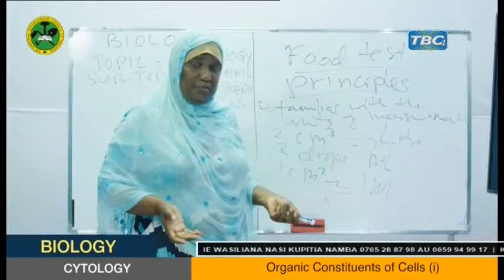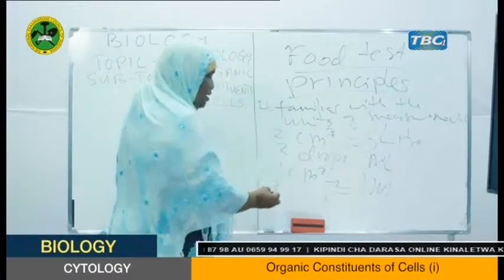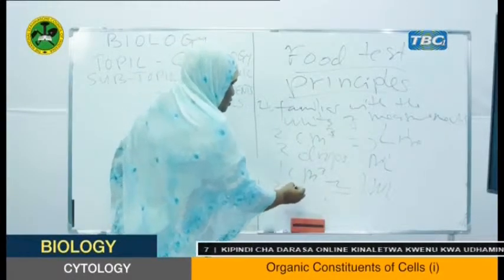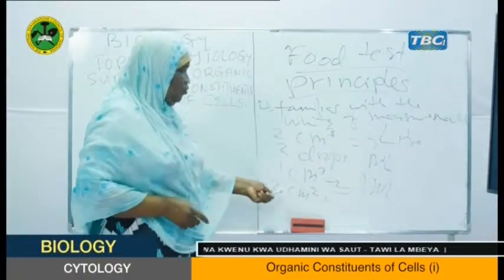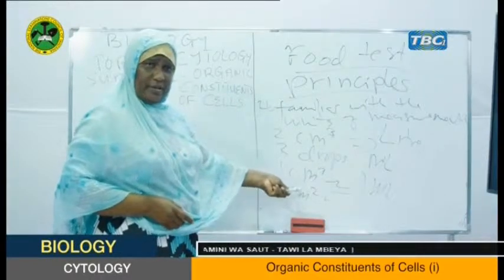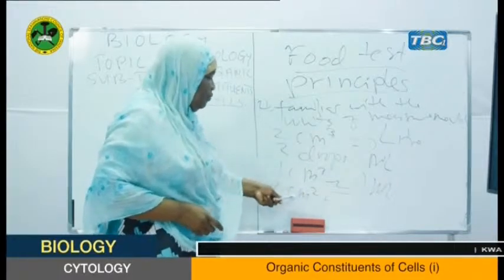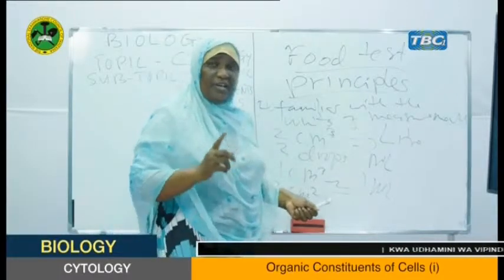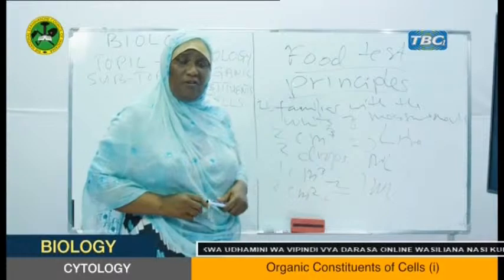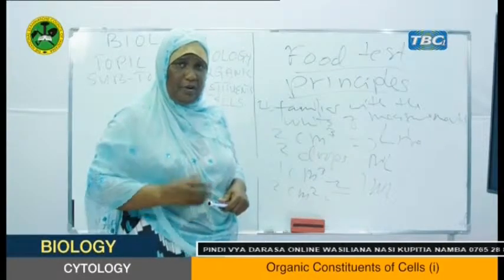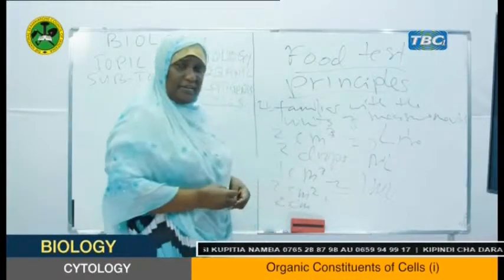I think you have understood. But some students write in this way: 2 square centimeter. Square centimeter is not the unit for volume. This is the unit for area. Or others just say 2 centimeter.